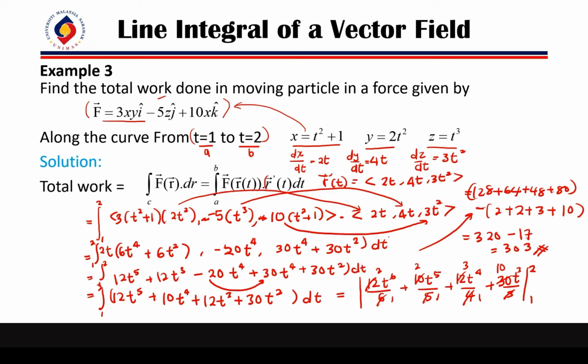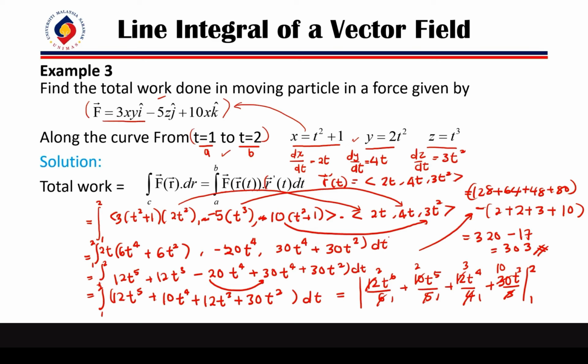Alright, this is the simplest example because the limit is given here, and also the curve equation is given. This is considered the simplest example as compared to the previous one.